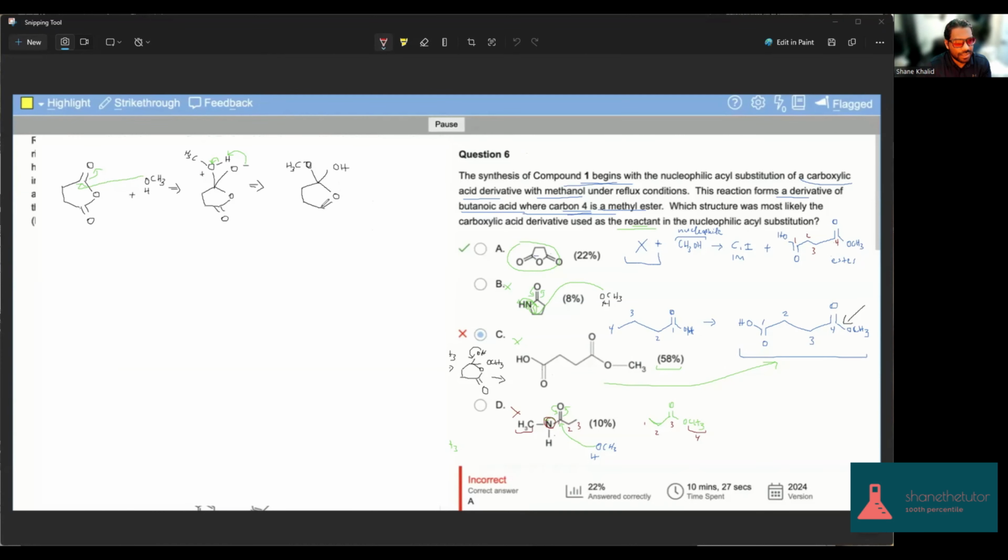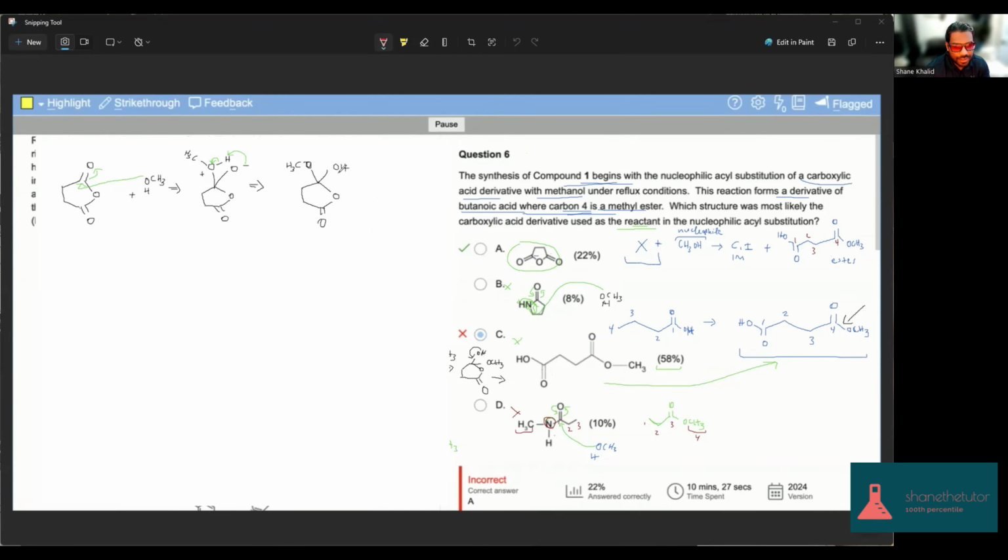And then the rest of that. So it seems like we have some type of, I think, a ketal or an acetal of some sort. But we're not going to leave it at that because the OH group is always super nucleophilic.